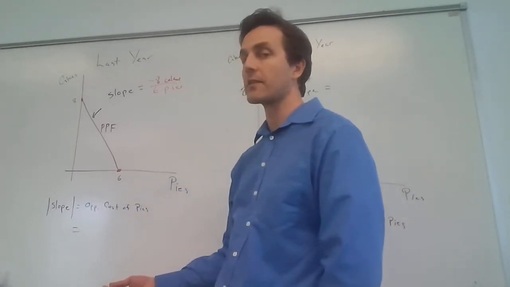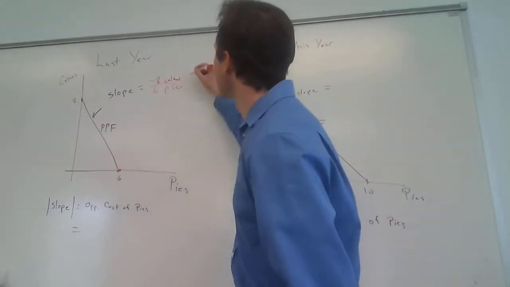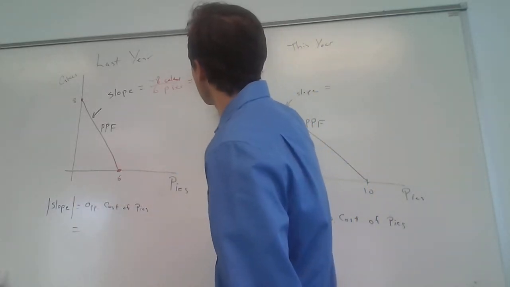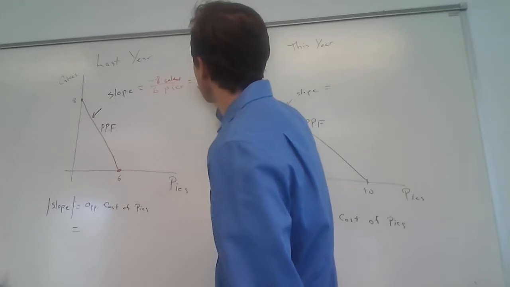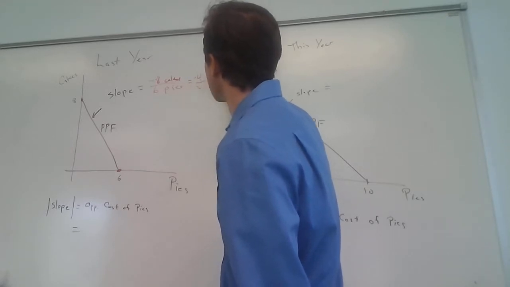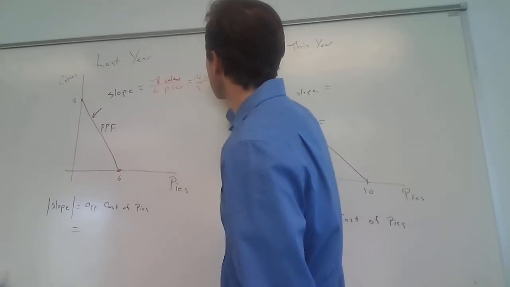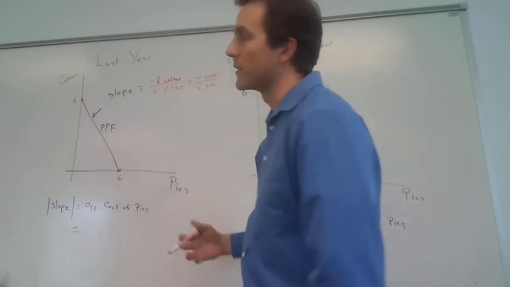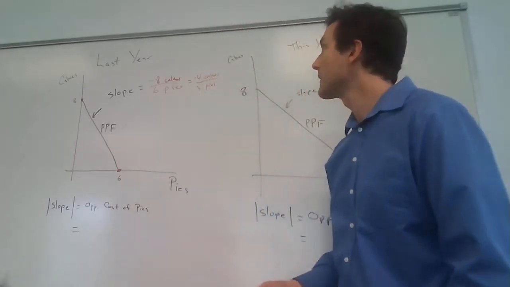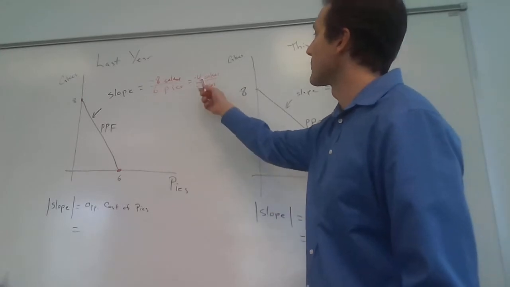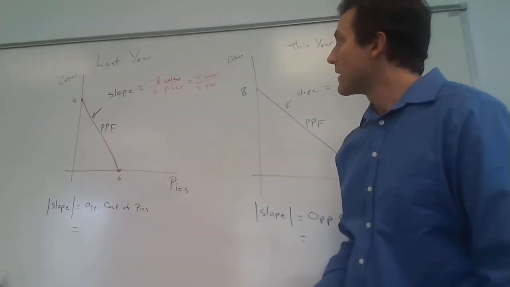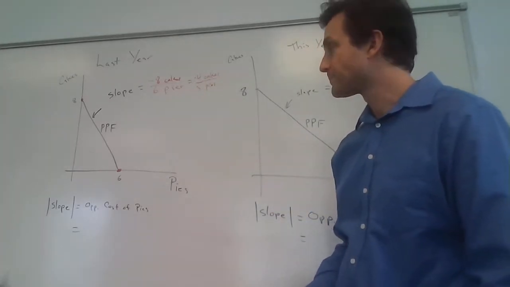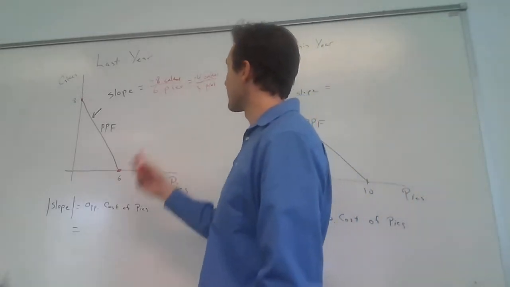So the absolute value of the slope, well, we can reduce this, so this is negative 4/3. And let's just keep the units the way they are, cakes divided by pies, or you could write cakes per pie, of course. But I'm running out of room, so I'm just going to squeeze it in like that. So the slope here is negative 4/3 cakes per pie.